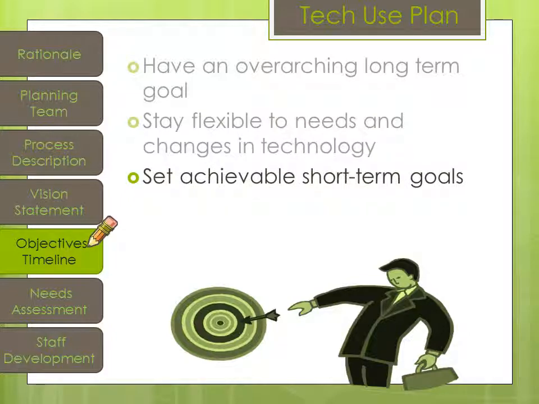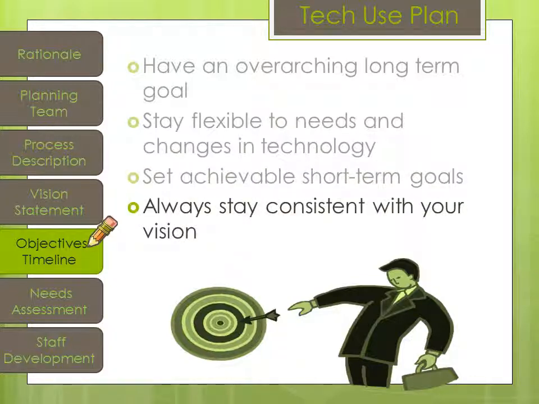Then set achievable short-term goals so you can see progress, having something that you can measure and look to and see how it worked. And then, of course, always stay consistent with your vision. Always try to match up with what your school vision is to see if you're on track and on target.